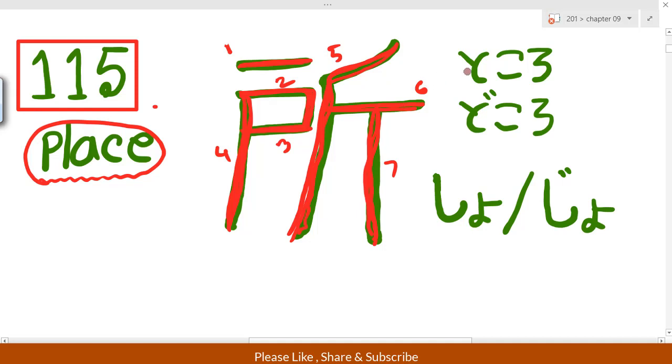So the sound of this kanji is tokoro or dokoro, and sho or jo. Tokoro: to, ko, ro. Or dokoro: do, ko, ro.